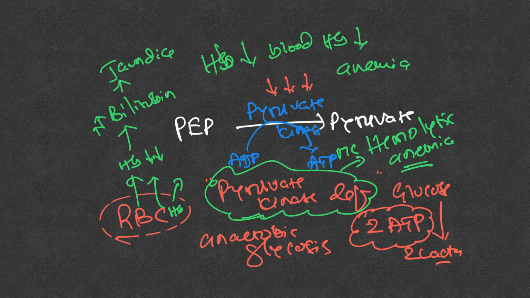So the patient will have jaundice and lack of hemoglobin, with all the signs and symptoms of lack of hemoglobin. Anyway, why only two ATPs come from anaerobic glycolysis, and how many ATPs actually come under aerobic glycolysis? If you have any doubt, please watch that video and understand the net ATP yield from glycolysis.